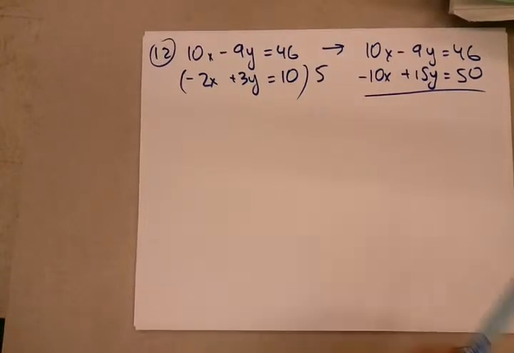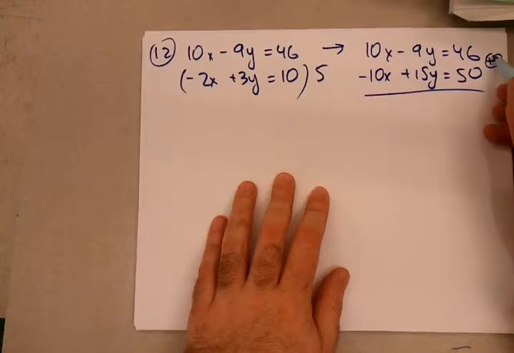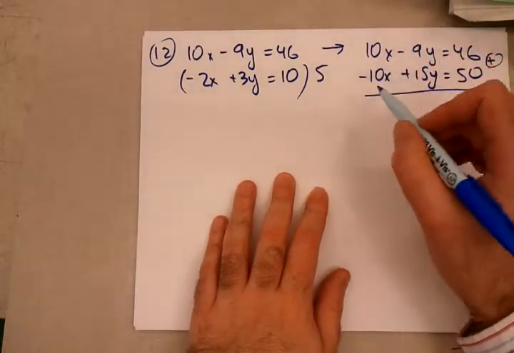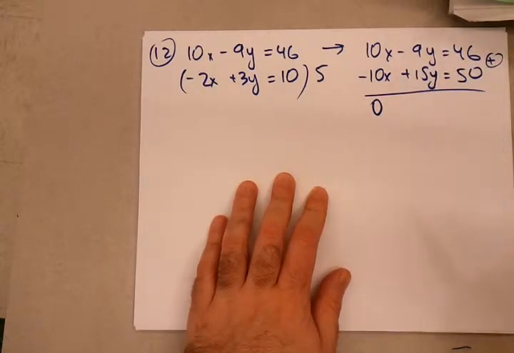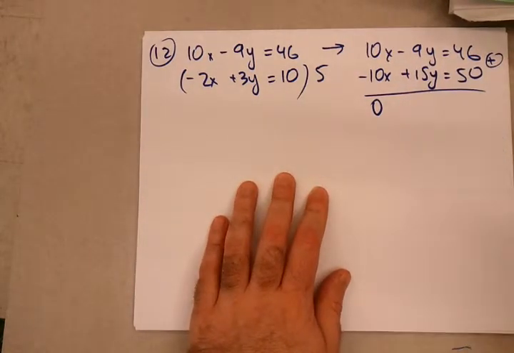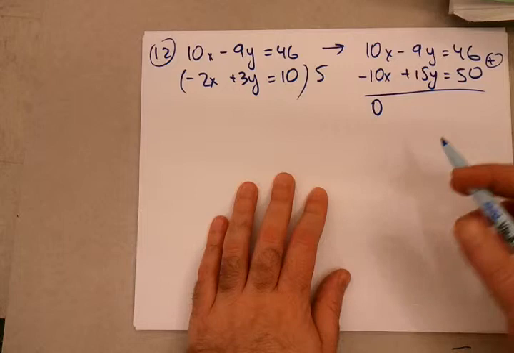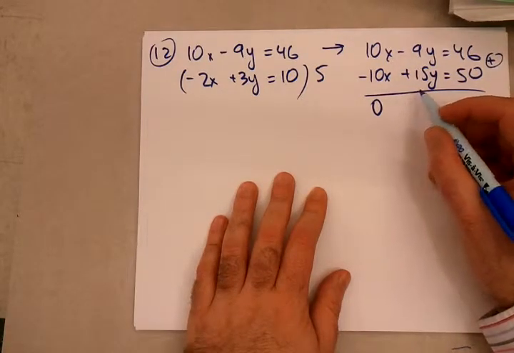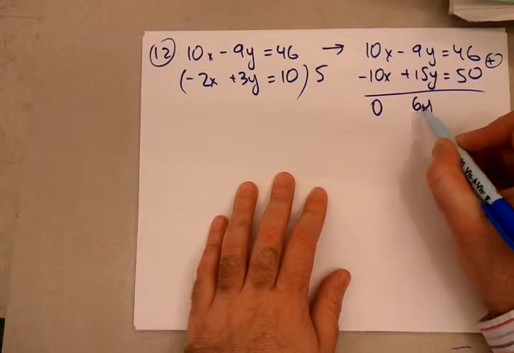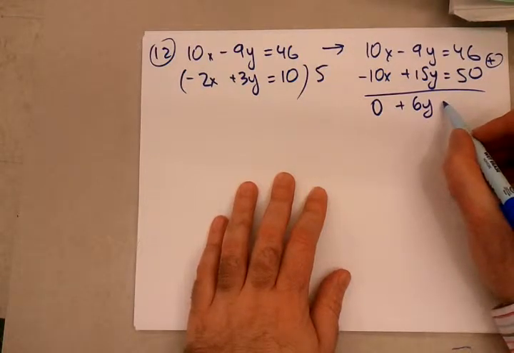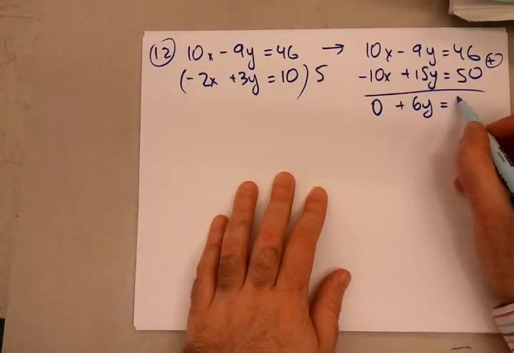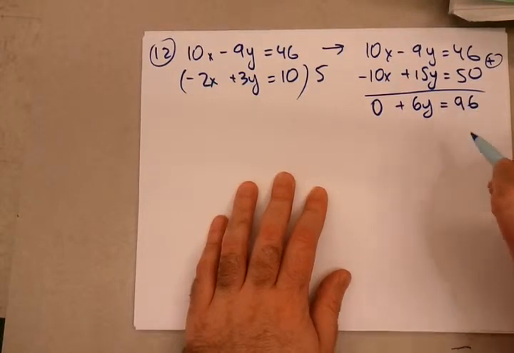We can now eliminate the x's, and we're going to use addition, because 10x plus negative 10x is 0. Negative 9y plus 15y, negative and positive, the outcome is going to be a positive 6y. And 46 plus 50 is going to be 96.